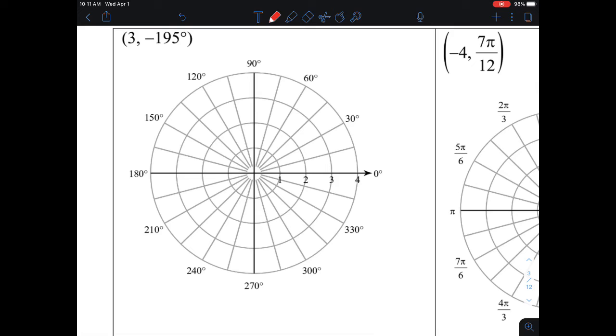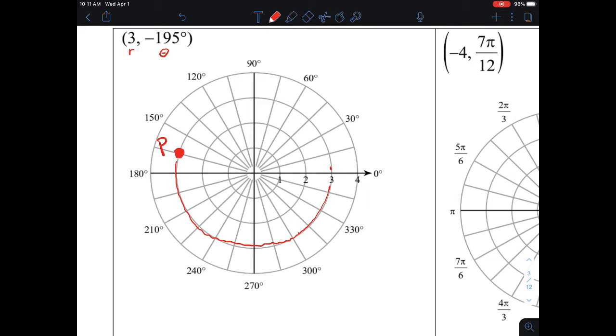Here in this first problem, we're given the polar coordinate r by theta, where r is 3 and theta is negative 195 degrees. I would go on the circle radius line of 3 and rotate negative 195 degrees along that circle, and that's going to put me right here. All right, so this is the polar point that is provided.